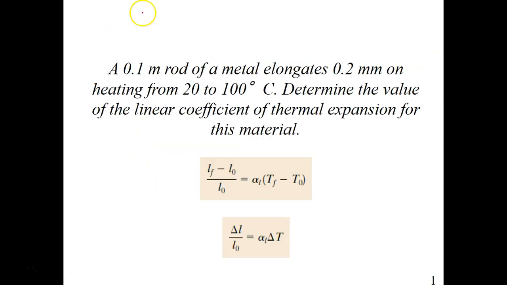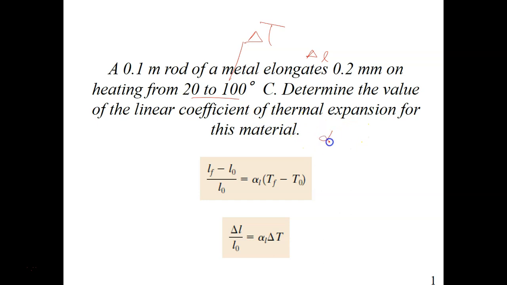Another one: a 0.1 meter rod of a metal elongates 0.2 millimeter. This is the delta L, right? On heating from 20 to 100 degrees Celsius, and also given here is the delta T. Determine the value of the linear coefficient of thermal expansion.